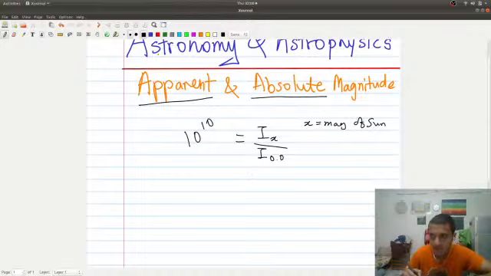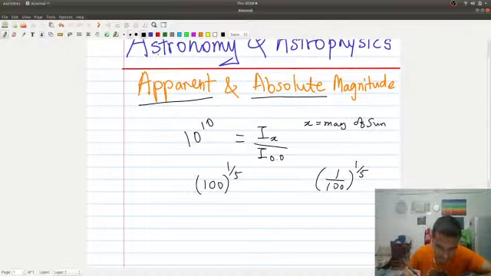We know that the step size is 100 raised to 1 by 5. If you are going in the negative direction, otherwise it would be 1 by 100 raised to 1 by 5. So this is the step size. This is equal to the intensity of 3 by the intensity of 2, and this is equal to the intensity of 2 divided by the intensity of 3.